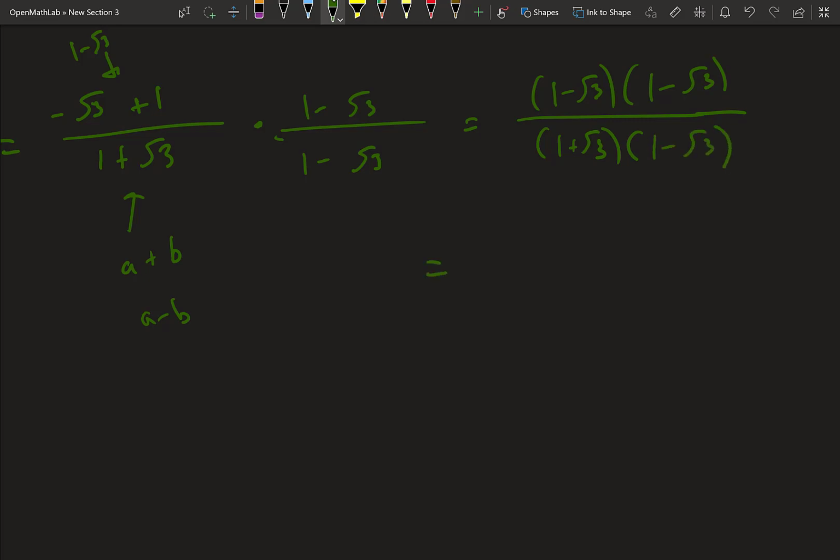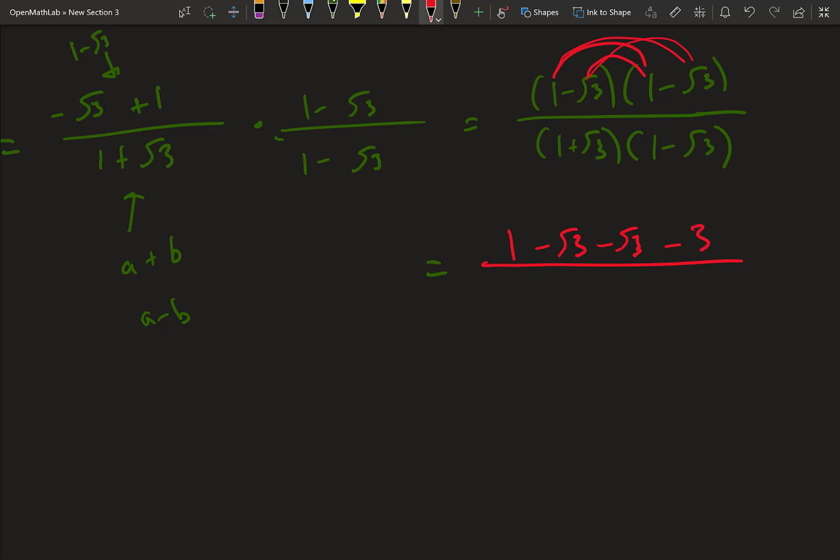So we need to do some FOILing here. Multiplying these two guys together, we get 1, and then 1 times negative radical 3 would be minus radical 3, and then negative radical 3 times 1 would be minus radical 3, and then negative radical 3 times negative radical 3 would be minus 3.